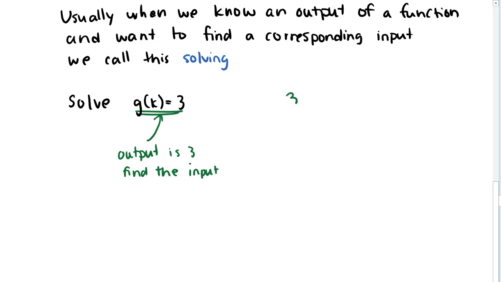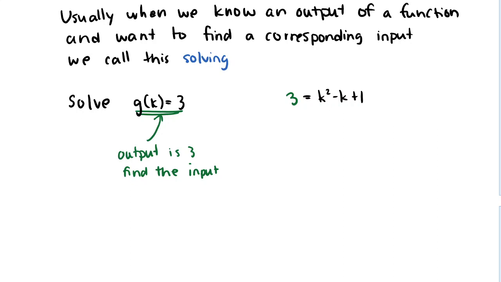I'm going to set 3 equal to our g function, which was k squared minus k plus 1. To figure this out, we actually end up needing to solve this equation. That's why we use this term solving to represent taking an output and finding an input, because it usually boils down to solving an equation.